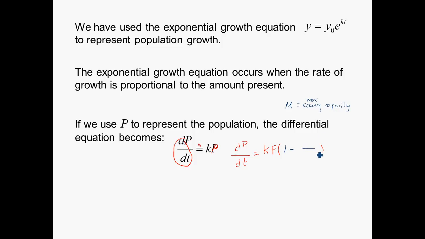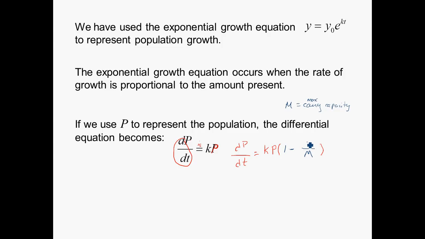How about a ratio? Let's have a ratio of your population to the carrying capacity. So I'm going to put M in the denominator to suggest the entire carrying capacity. What could I put here if I'm at my carrying capacity?